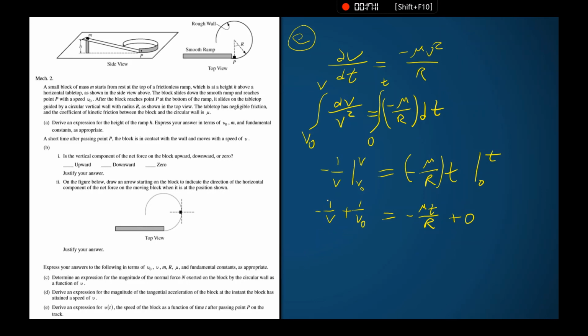We need to solve for v. Okay, I'm just going to multiply through by negative 1, I think. So 1 over v minus 1 over v naught is equal to mu t over r. Solve for v.